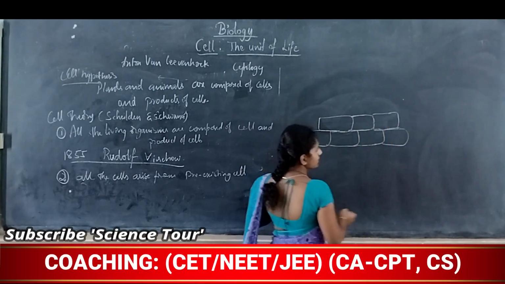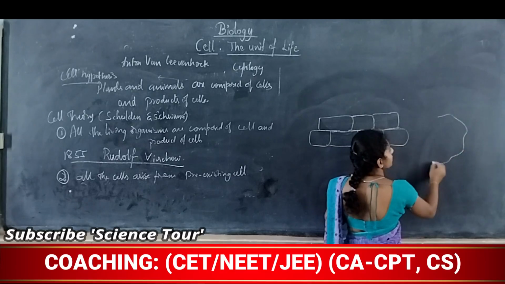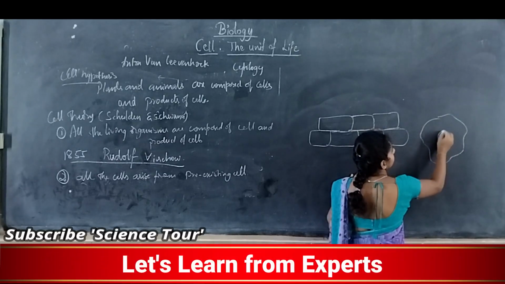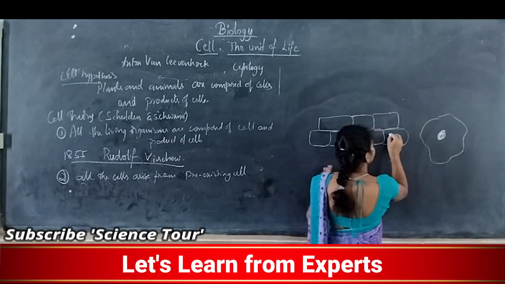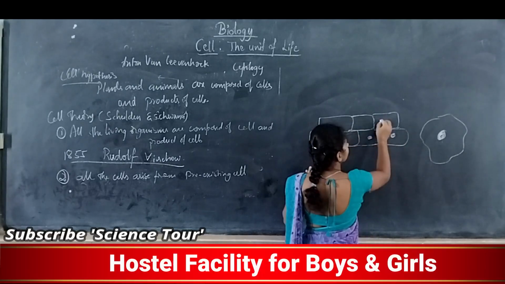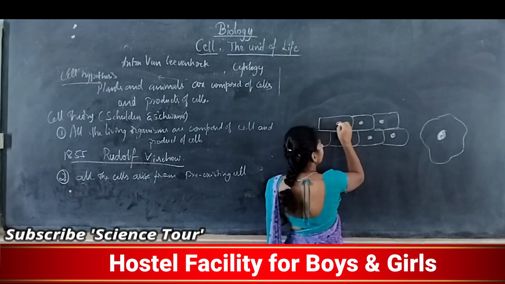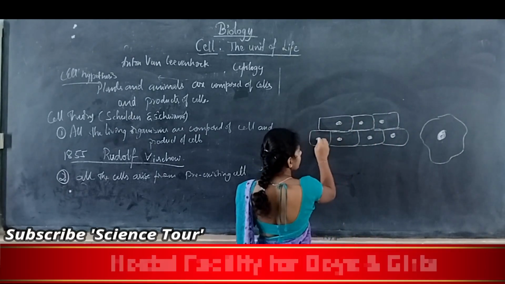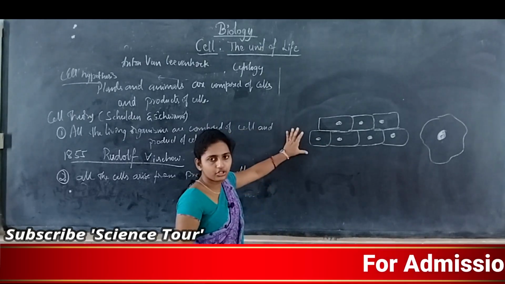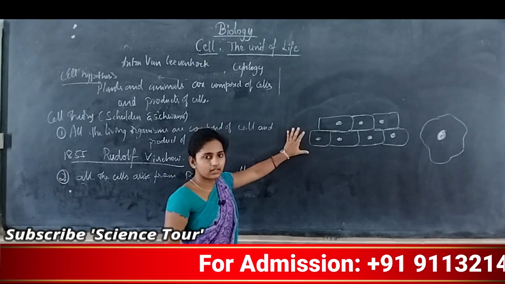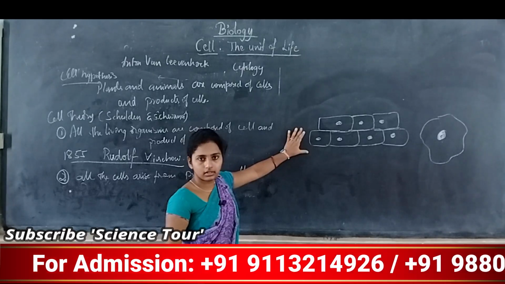Animal cells are usually like this, cheek cells. Here in the plant cell you can see the definite structure of the cell because of the presence of the cell wall.